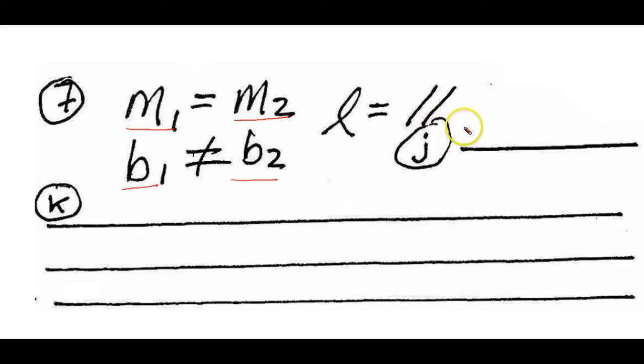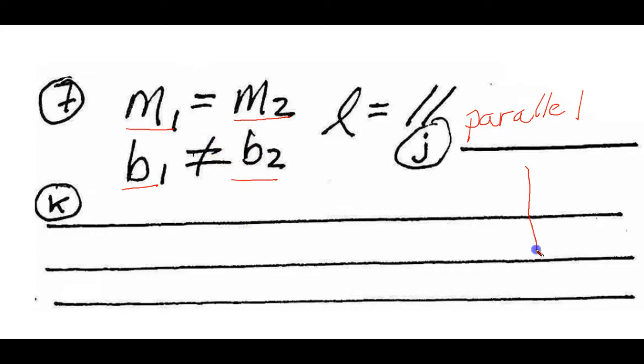This is the symbol for parallel lines. So for letter K, summarize in words what we've just said: when the slopes of equations are the same, but the y-intercepts are not alike, the lines are parallel.